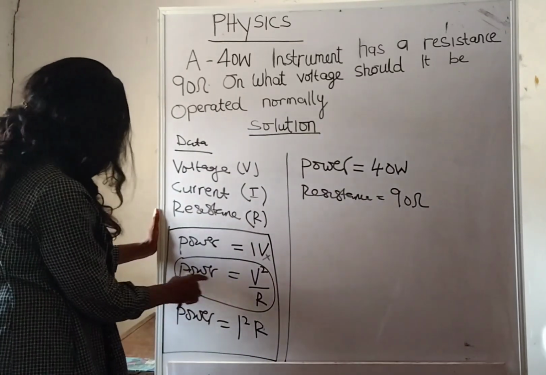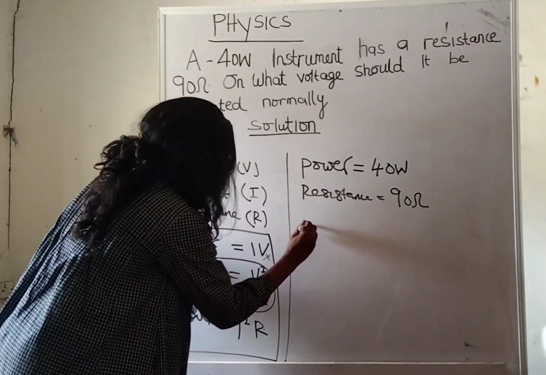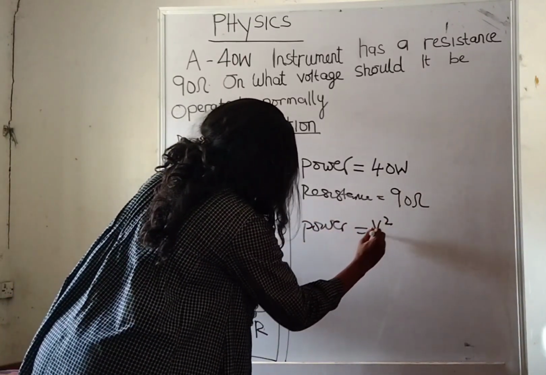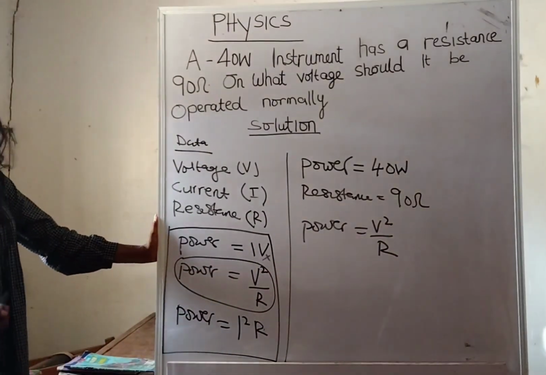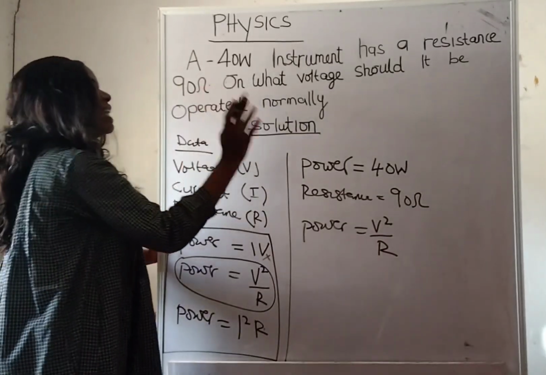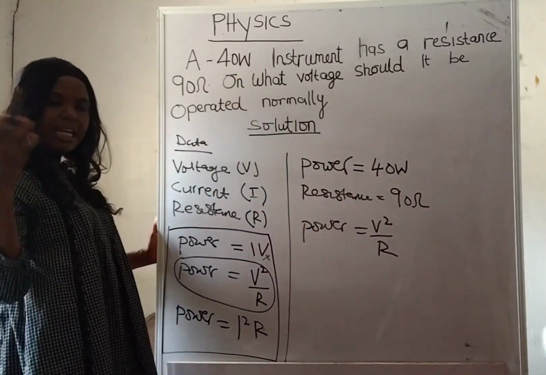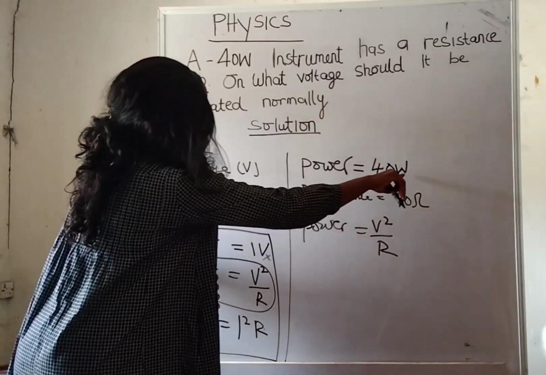So we have power equals V square over R. Write it. Power, using the second formula, is equal to V square over R. What do we do now? We substitute the data given to us into this formula. The first one is power. Are we given power? Yes, power equals 40 watts.